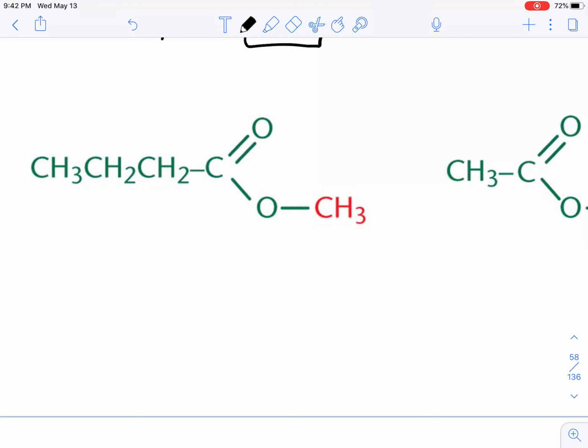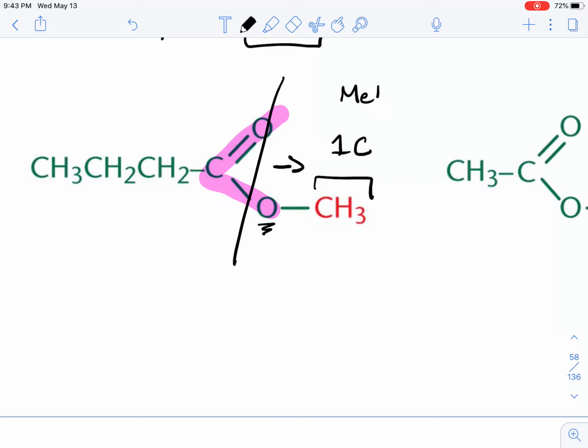So I recognize that this is my ester. And so if I were to cut this in half, anything to the right of this ester oxygen is going to be my substituent. And since I have a 1-carbon substituent, I'm going to use the prefix meth.